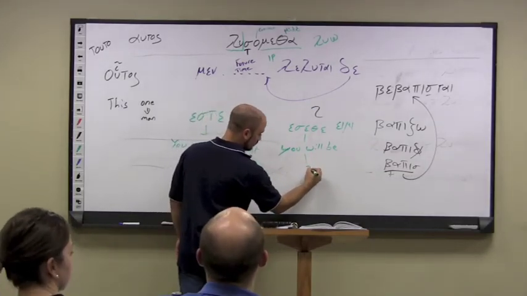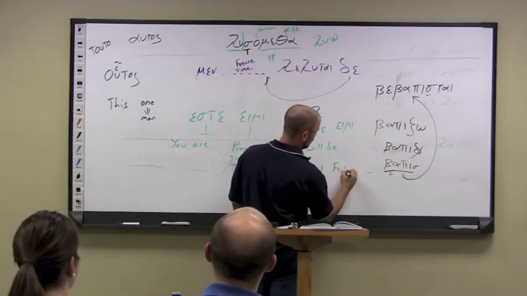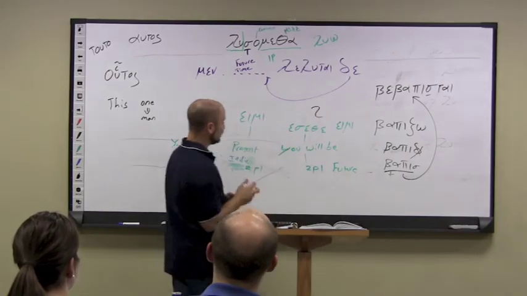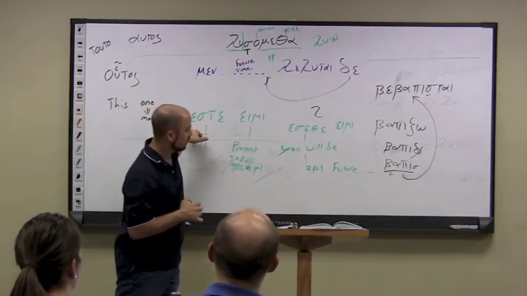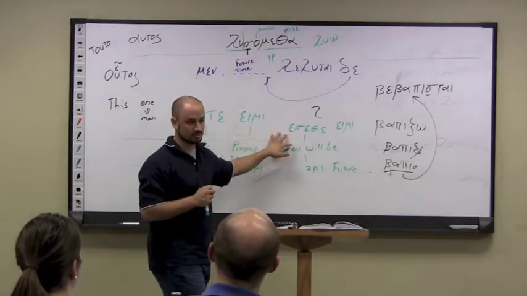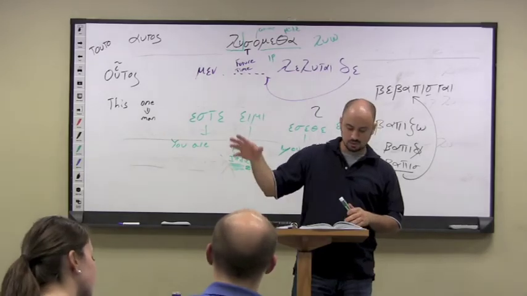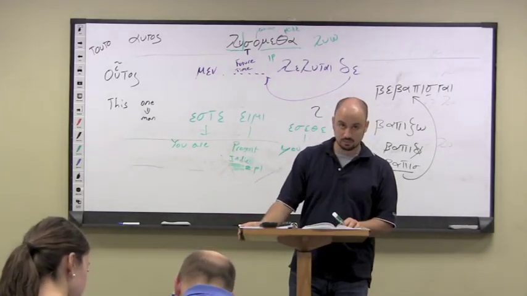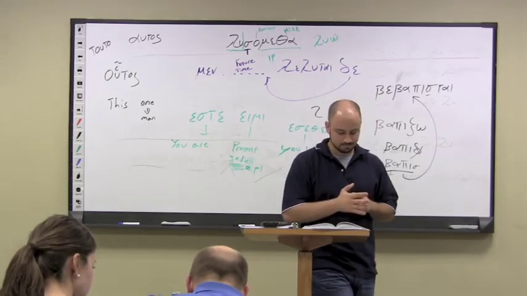Second person plural, and tense future. Good, future. That was his goal there, he wanted to show you the difference between este and esesthe. Now, you are sinners. Last clause there, but then you will be sons of God. Good.